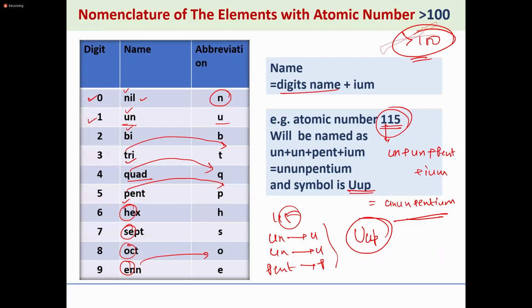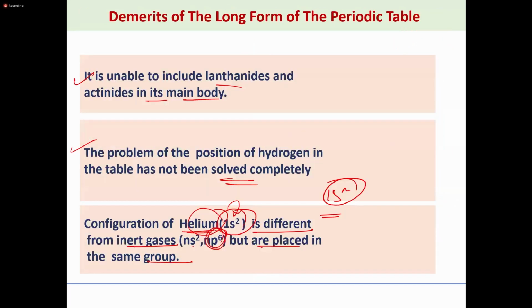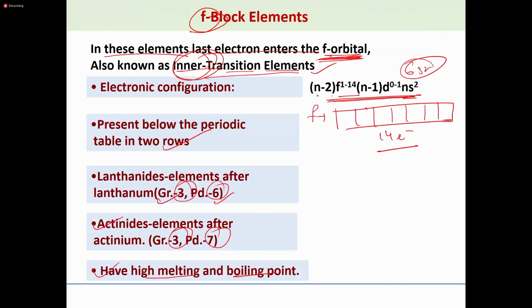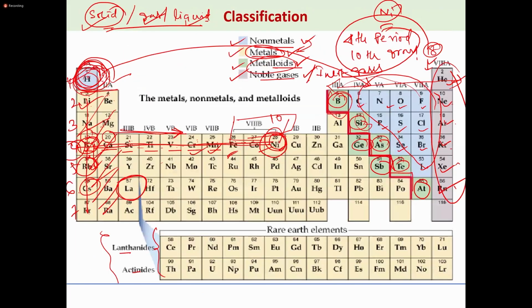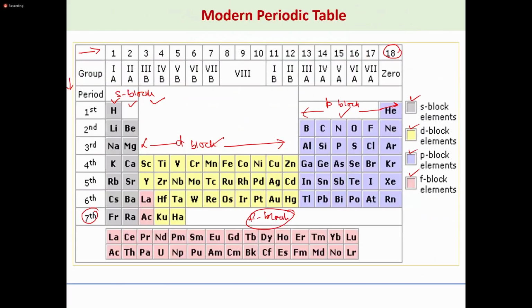So here I will stop the class. What have we learned in this class? We have learned about the modern periodic table, how many groups and how many periods we have, what the s block, p block and d block elements are, and why and how the elements have been classified. We learned about alkali metals, alkaline earth metals, non-metals, metalloids and transition metals.